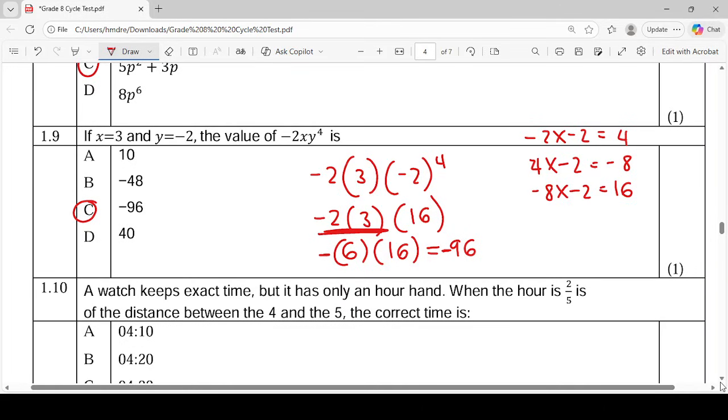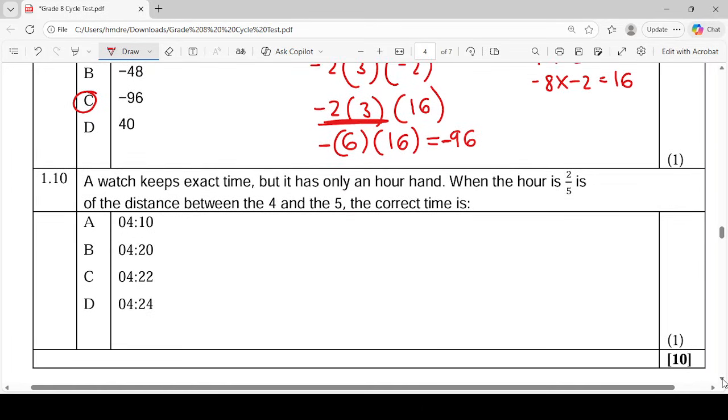Okay, and then 1.10, a watch keeps exact time, but it only has an hour hand. When the hour hand is 2/5 of the distance between 4 and 5, the correct time is. So first we need to work out what is 2/5 of the hour. That means an hour is 60 minutes.